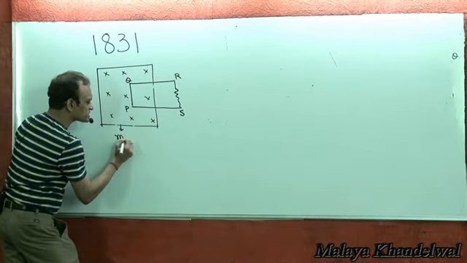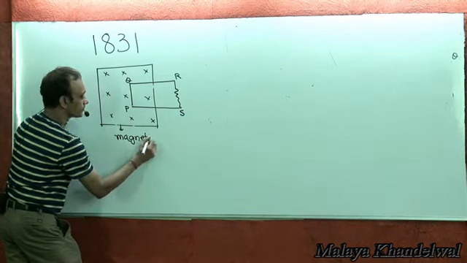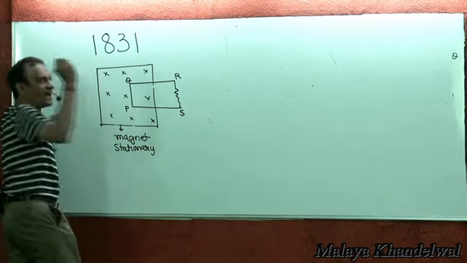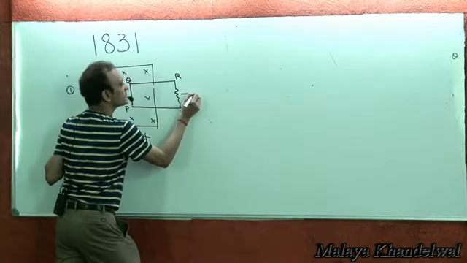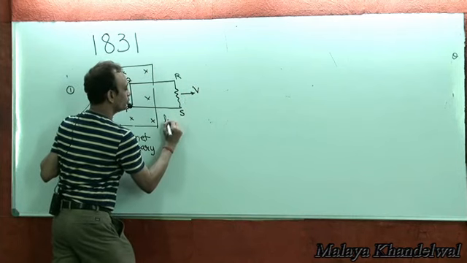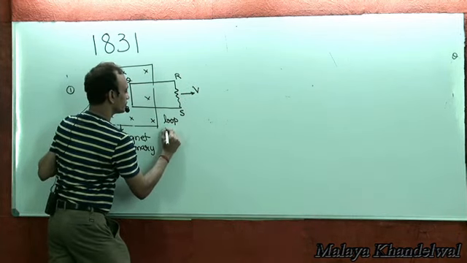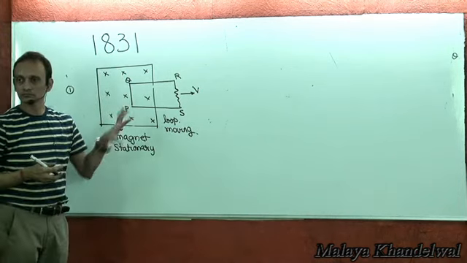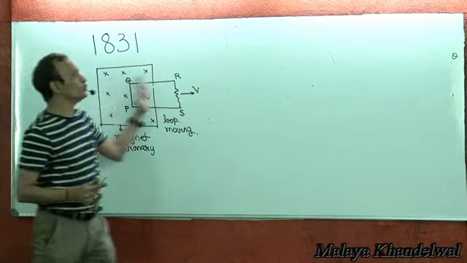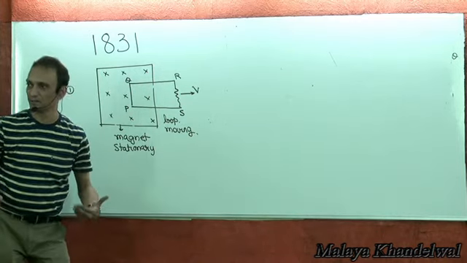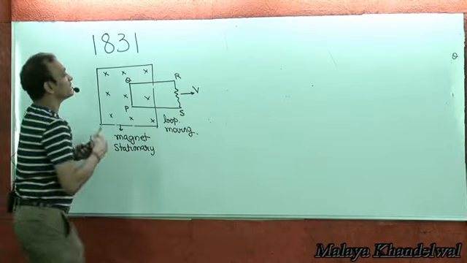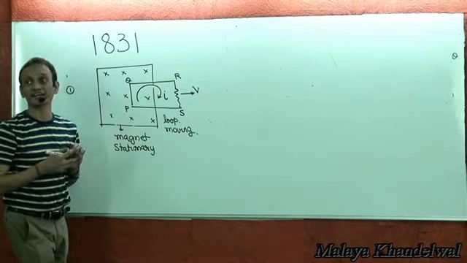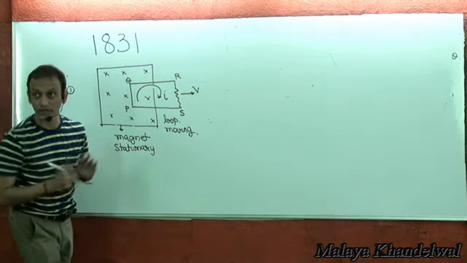The magnet was kept stationary, whereas the loop was given a velocity v to the right. Loop moving, magnet stationary. This was experiment 1. And he found that there was a current I driven through the loop. That was experiment 1.